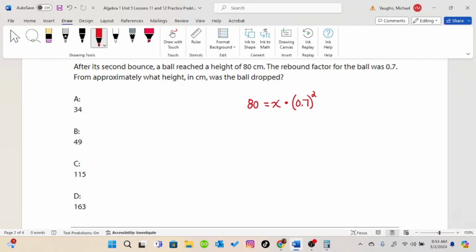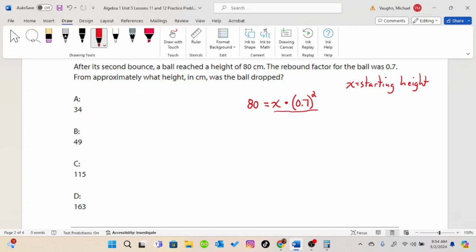Now, if I wanted x by itself, which would be the starting height, this is multiplication. X times 0.7 squared.